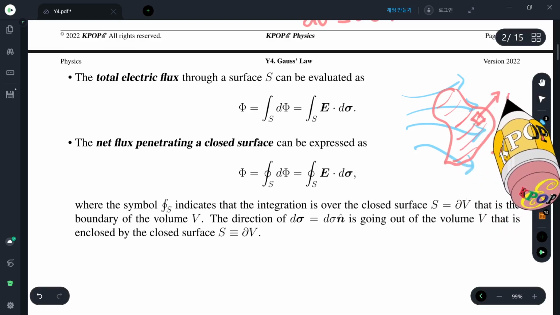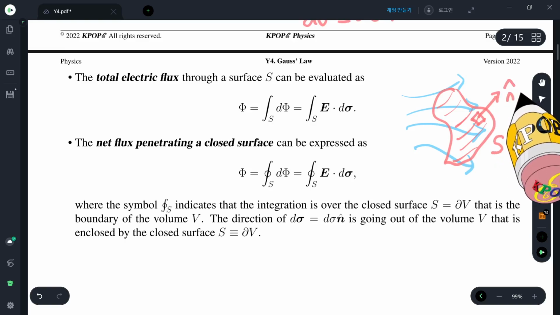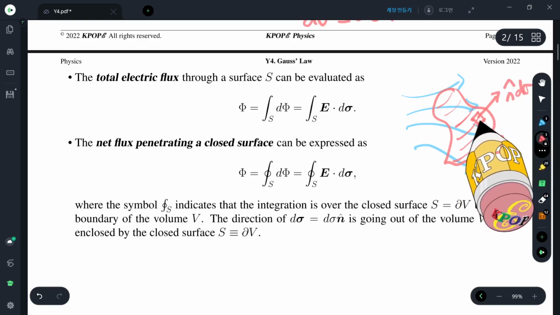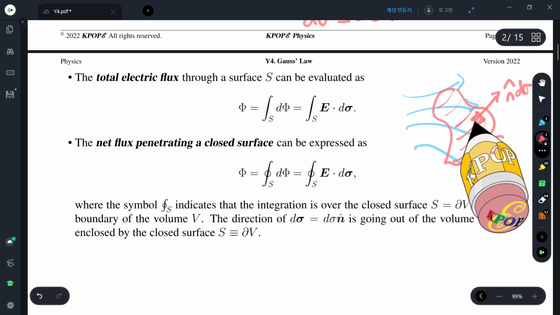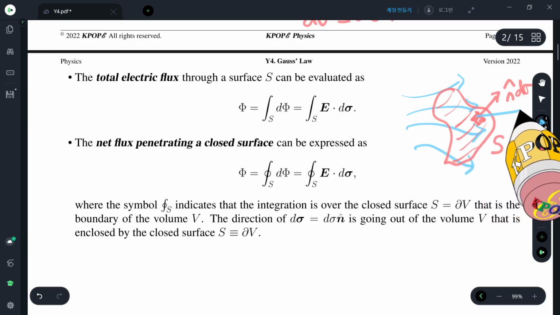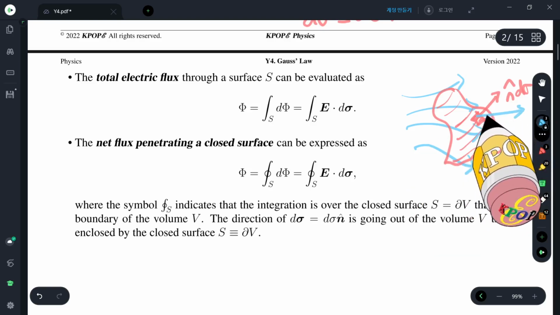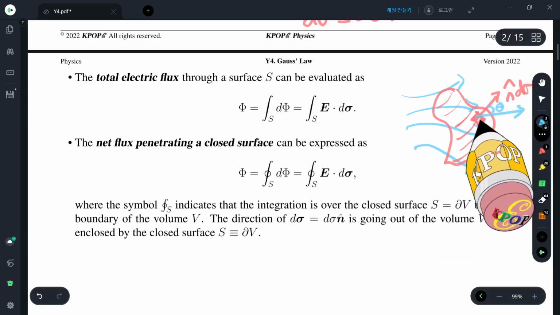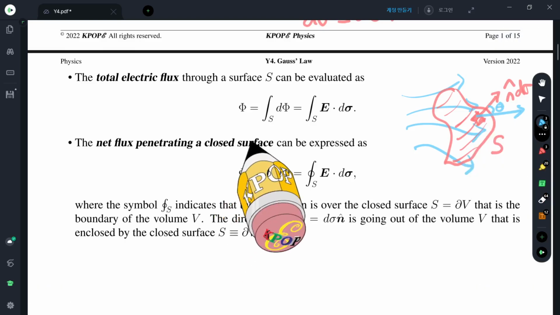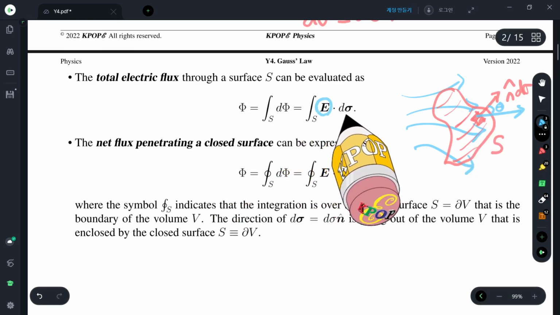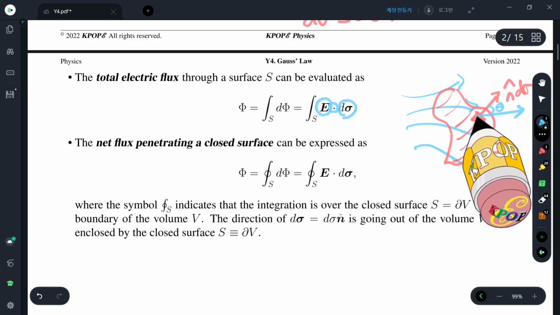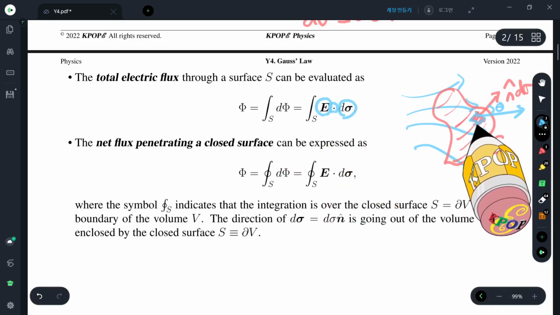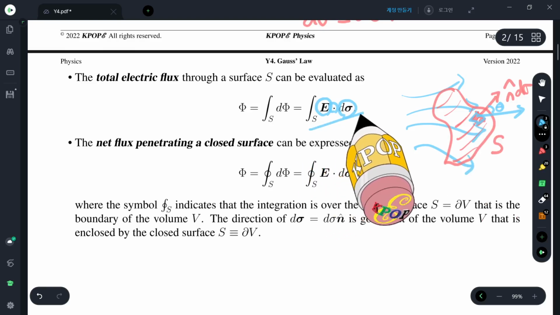Each patch has its own normal vector and area sigma. We sum these contributions by evaluating the scalar product with the electric field at every point: E, the electric field, scalar product with the small patch area vector, summed over all patches.